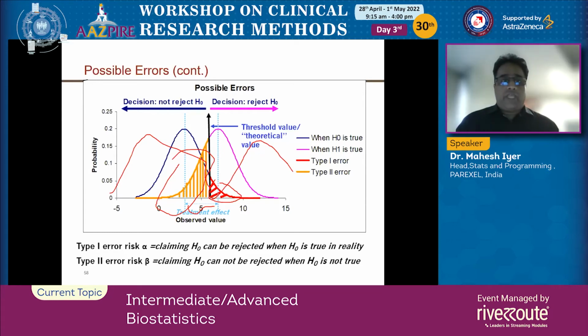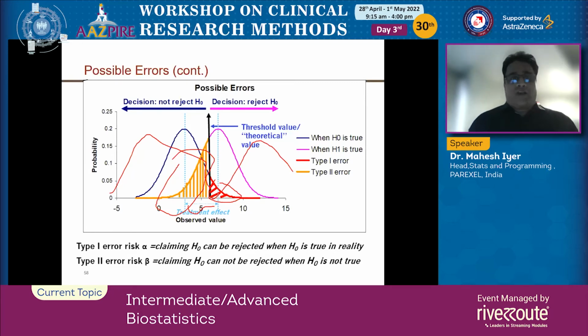If these two curves are very, very close, then the chance of making an error becomes much higher. So if they are very close, how can I still make my type 1 and type 2 error small? Exactly. Perfect answer. Larger sample size. What happens to these curves?